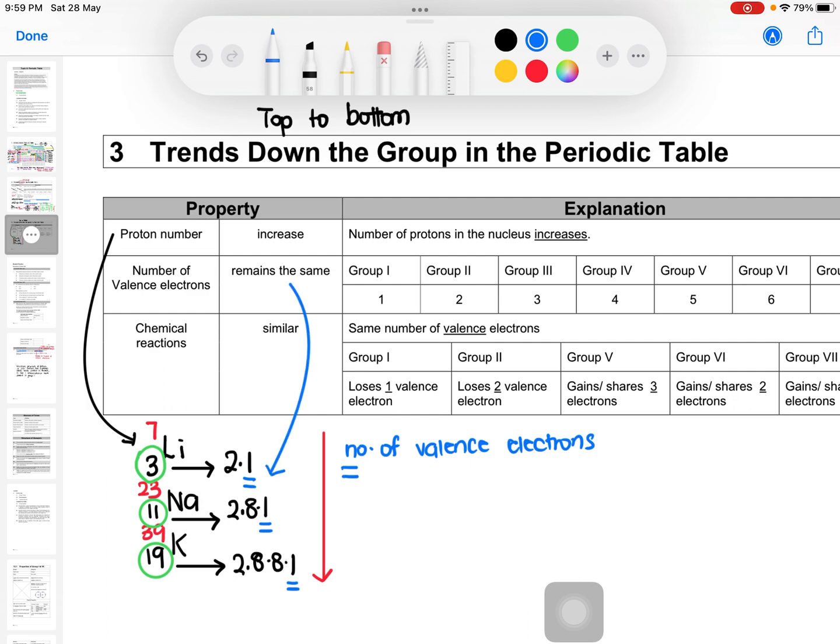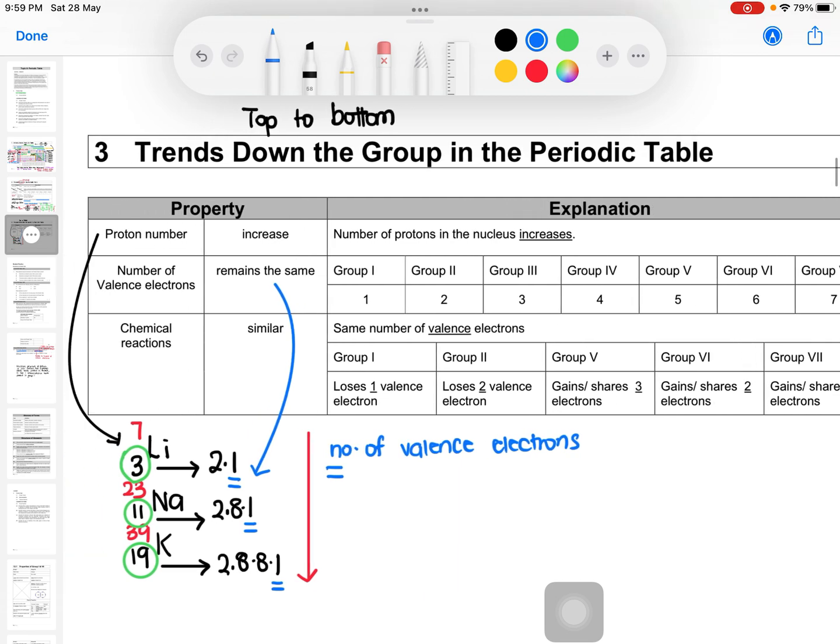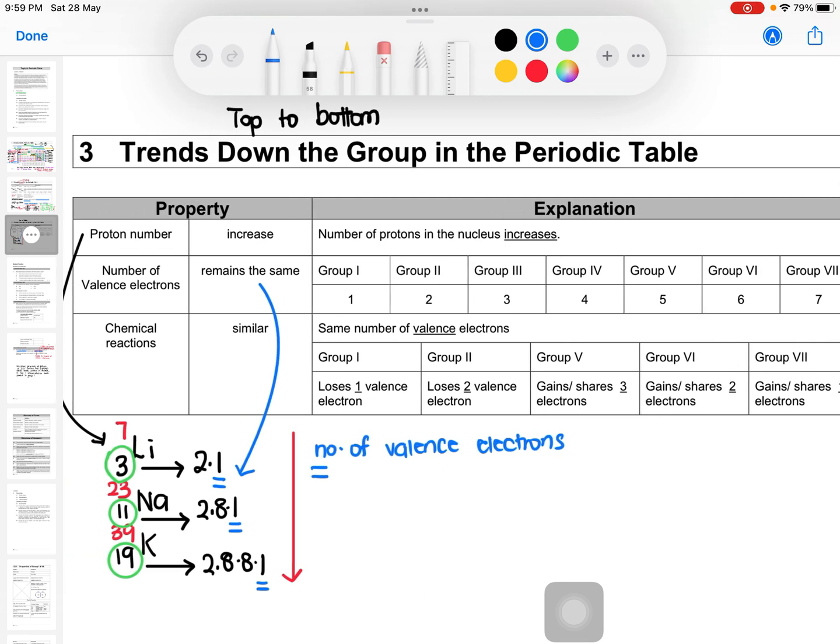Chemical reactions are similar. What do they mean by that? If I have one valence electron, for example group 1 elements, because they are in group 1, they will tend to lose one electron. When you lose one electron, you form a positive one ion.